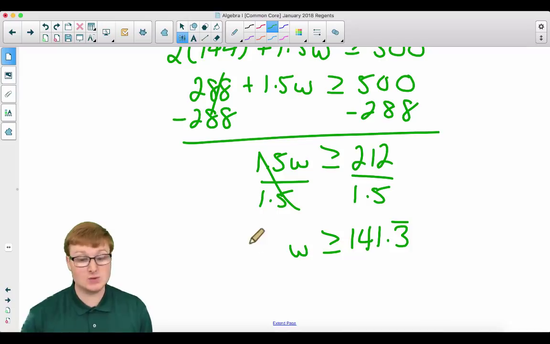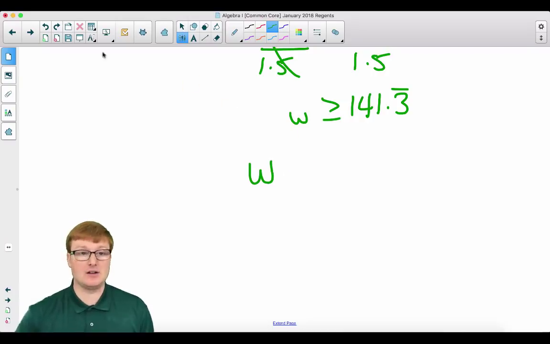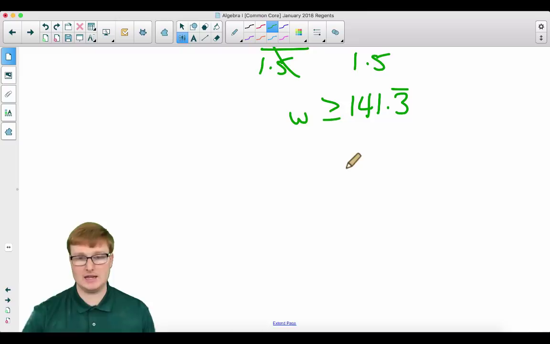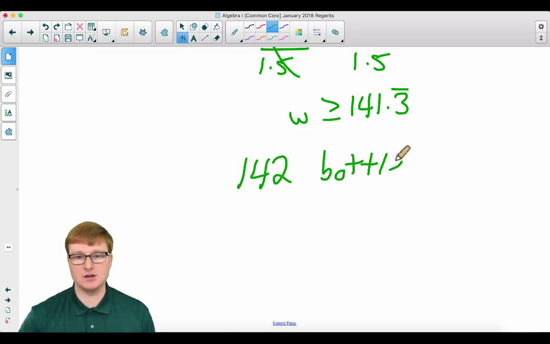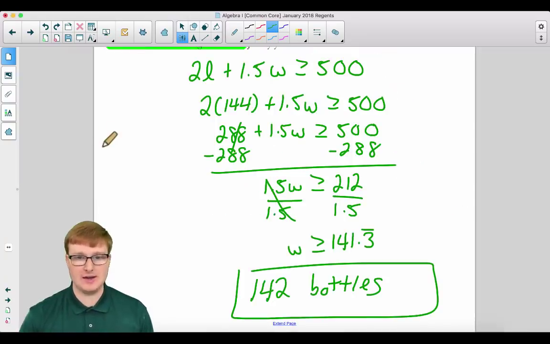So it says, what is the least number of bottles that they could sell? Well, in order to make money, they have to sell 142 bottles of water. That, ladies and gentlemen, is how you answer that part of the question.